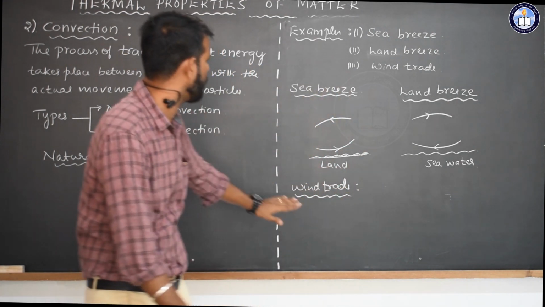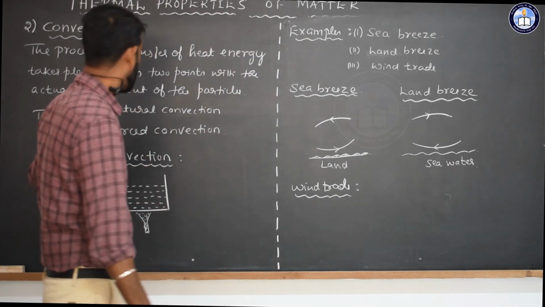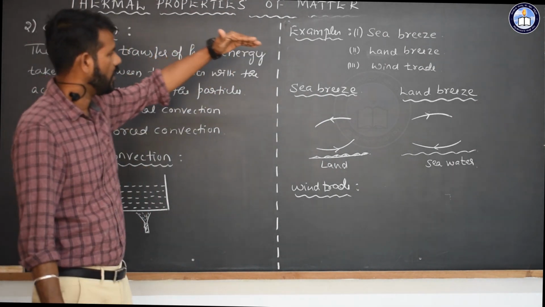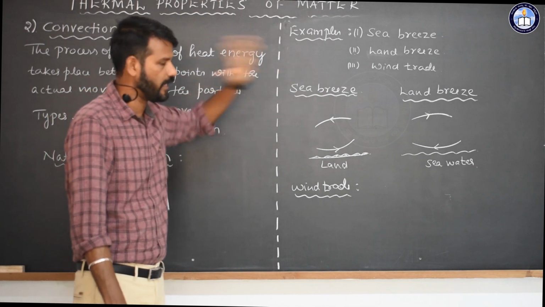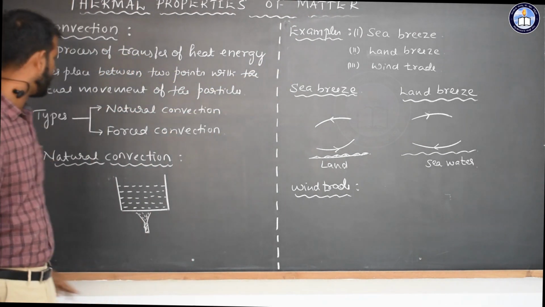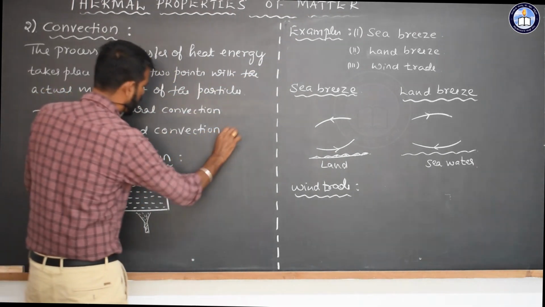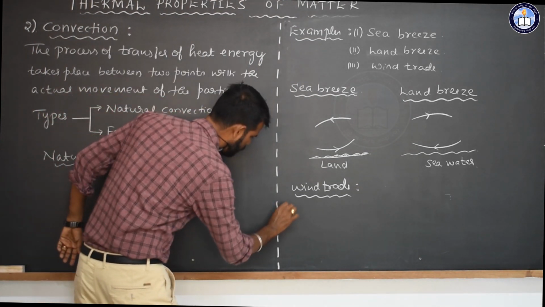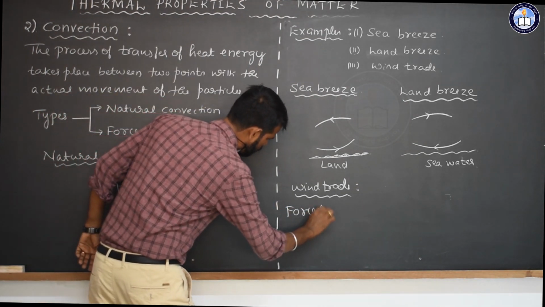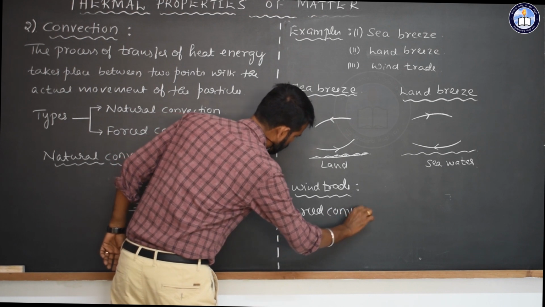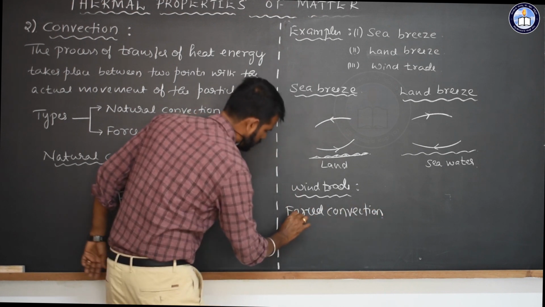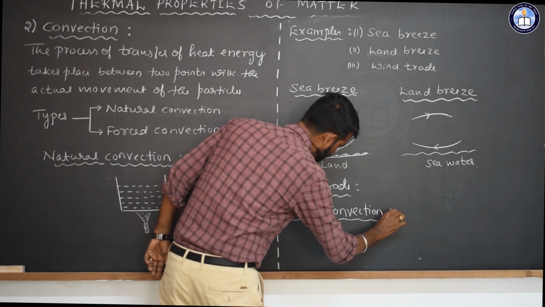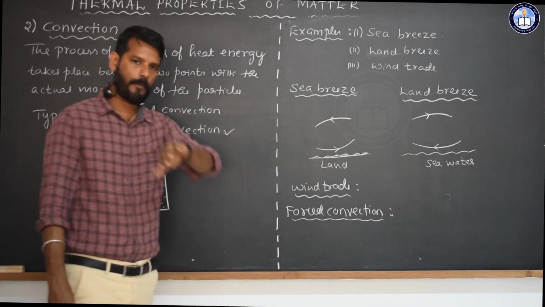So these are the examples for natural convection: sea breeze, land breeze, and trade wind. Okay. And another phenomenon is forced convection. This is the transfer of heat energy from one place to another place.